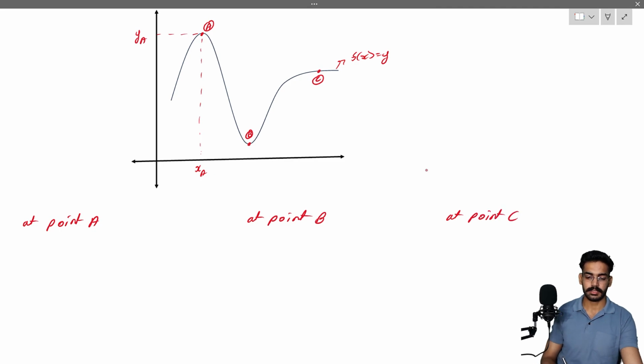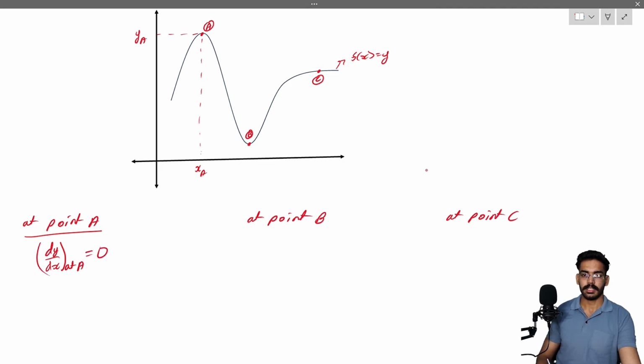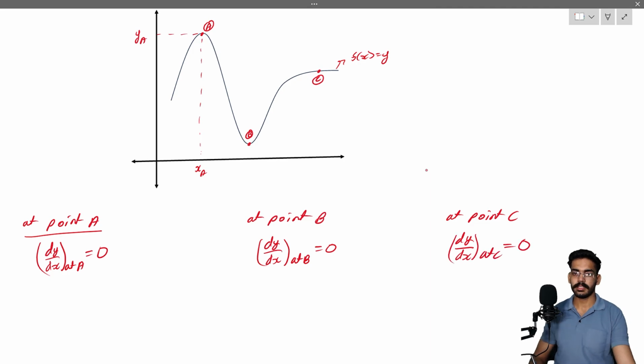Whether it's a maxima point, a minima point, or a point c, dy by dx is always 0, right? You can see from the graph that the differentiation will be 0. So dy by dx at a will be 0, dy by dx at b will be 0, and dy by dx at c will also be 0.